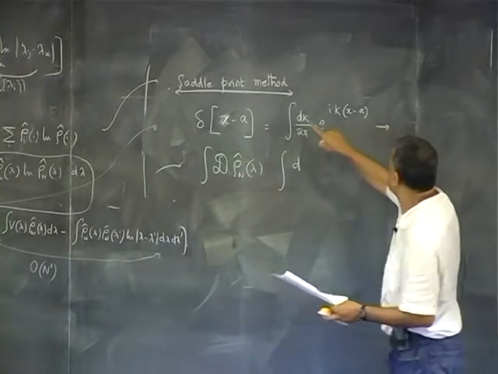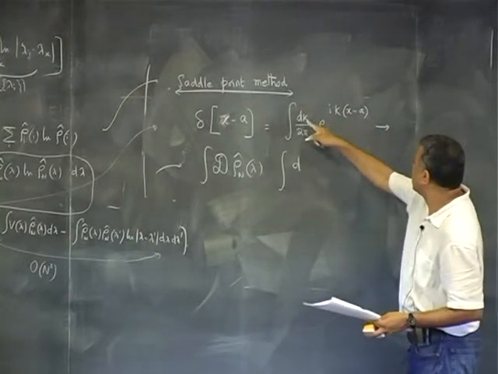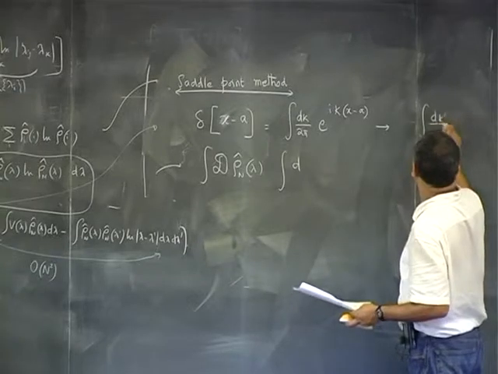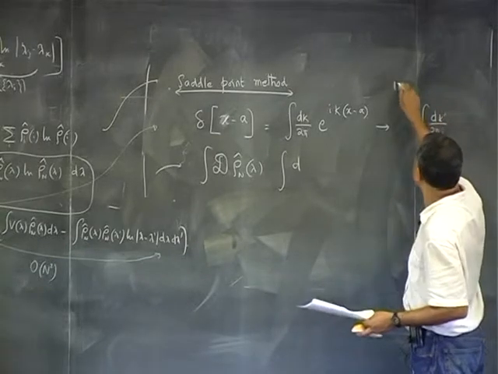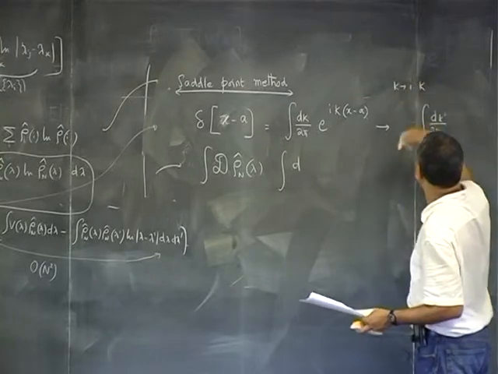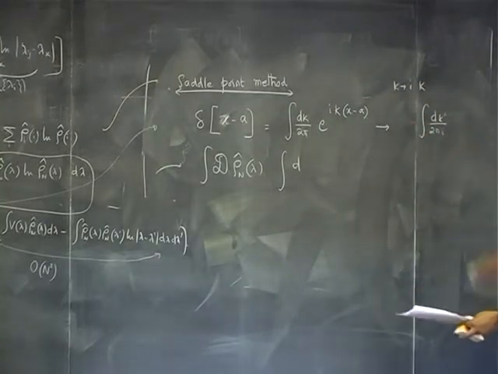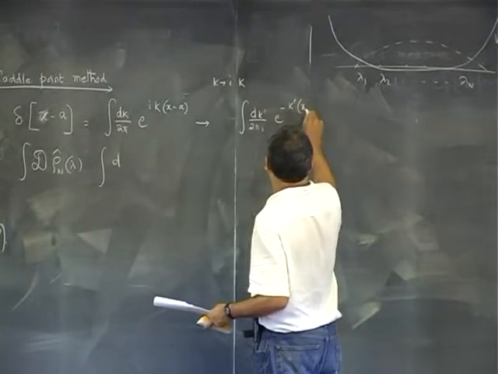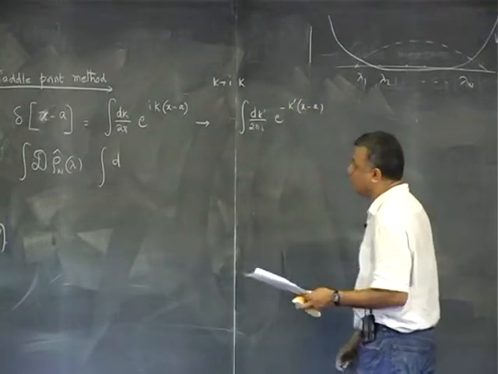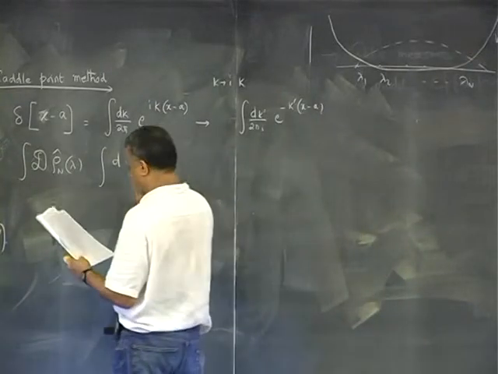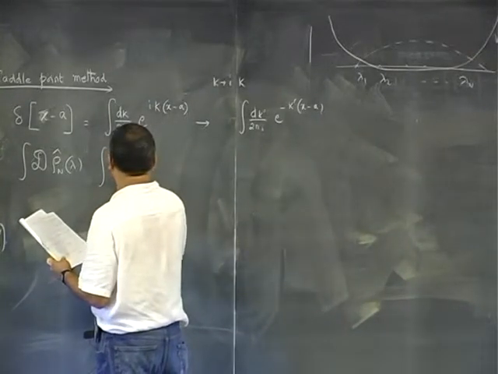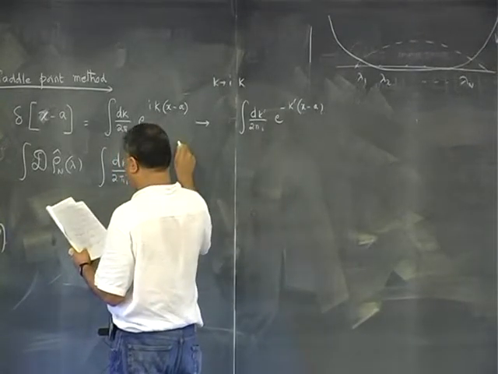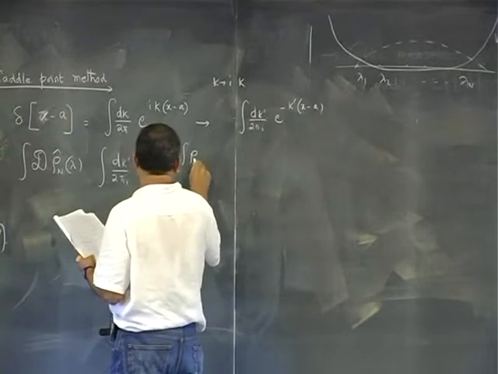And from here you notice that k is real, but you can also write k as complex and write this as dk prime over 2 pi times i. So just make a rotation. This is called the Wick rotation. This is like what Sumit was saying when we were going from Euclidean to Minkowski time. It's a similar thing basically. Okay. So I can then use it like this. So k prime is just a dummy variable basically.